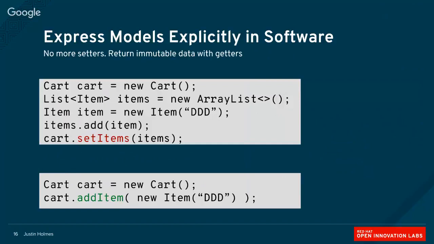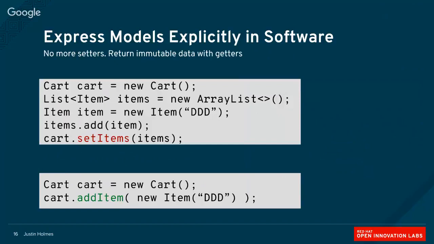The problem with this is the code doesn't really reflect the model that we were probably using when we talked to domain experts. When we had a conversation about what our domain actually did, we probably talked about adding an item to a cart. But if we look at our code, it doesn't say add an item to the cart.